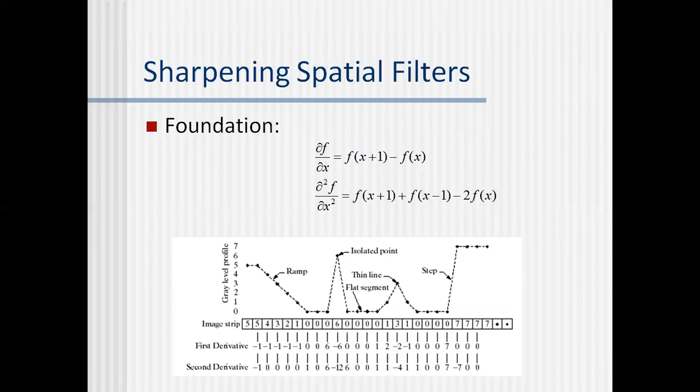Okay. So f of x plus 1 minus f of x plus f of x minus 1 minus f of x. So finally, we can write it as f of x plus 1 plus f of x minus 1 minus 2 f of x.